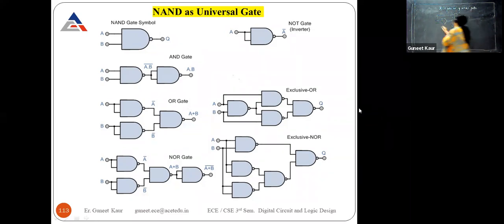Then this is your second input to this NAND gate. This is A, this is B. Now in the last, I have to attach again this NAND gate. So in the last, we will get the XOR gate expression. And you know that the expression for the XOR gate is A bar B plus A B bar.